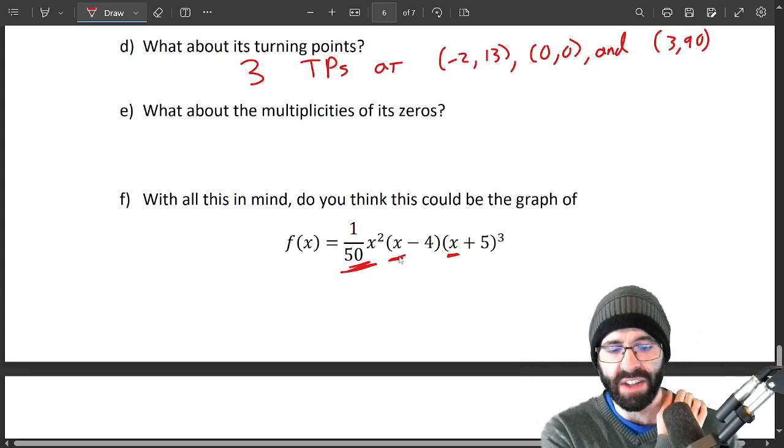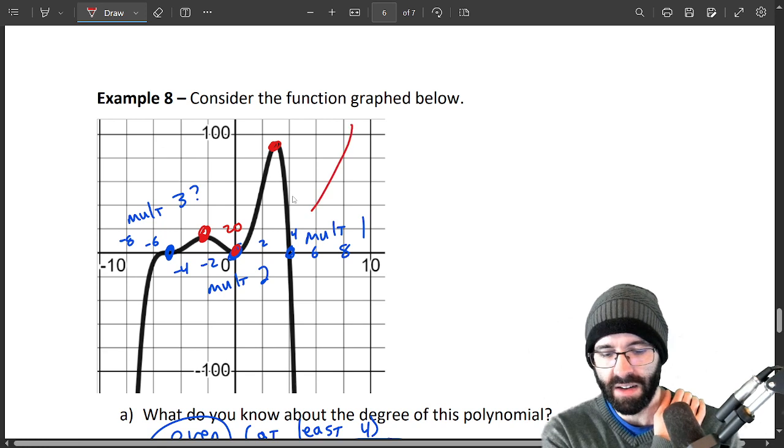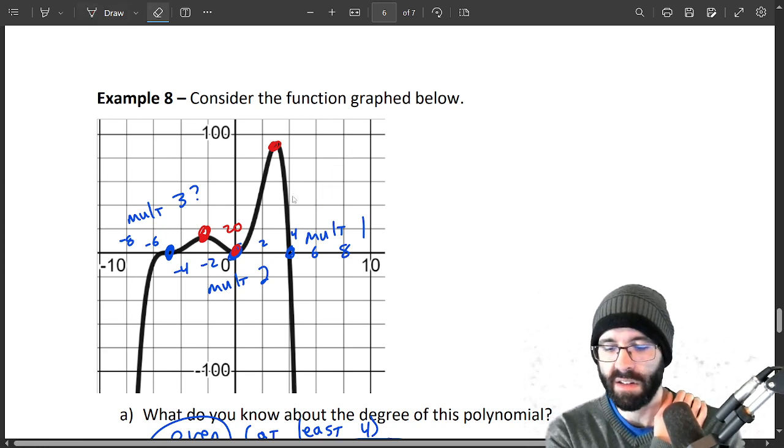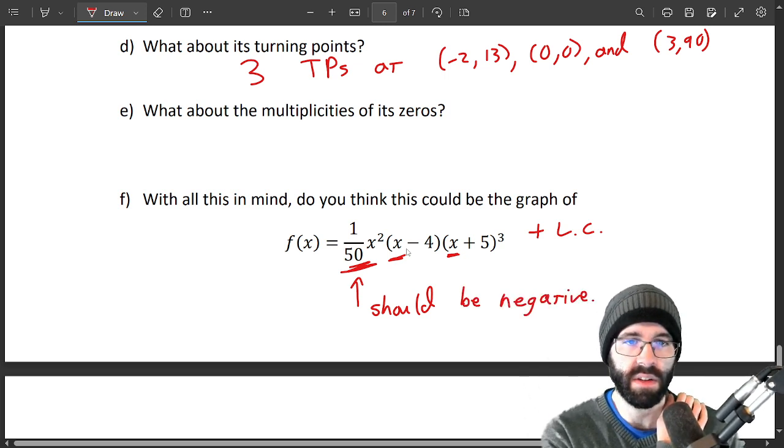We have a positive leading coefficient. Positive leading coefficient says it should be going up to the right. It can't be the equation. Got the wrong leading coefficient. This should be negative. This can't be the equation.